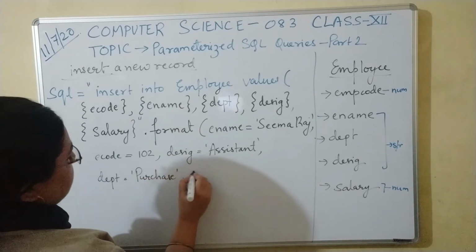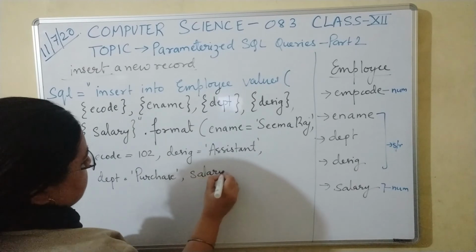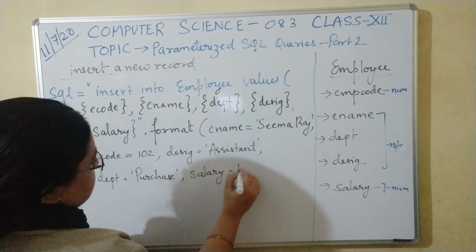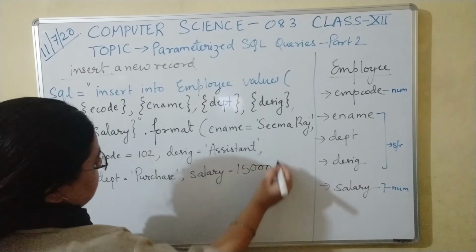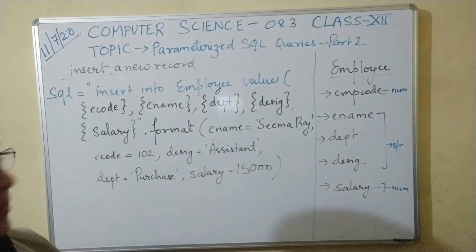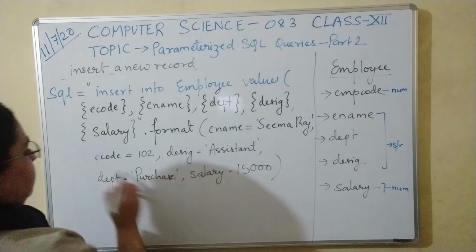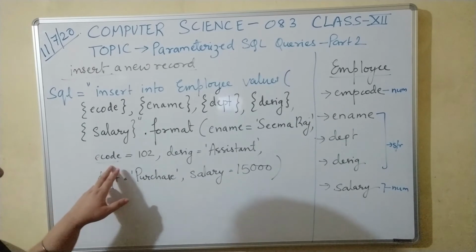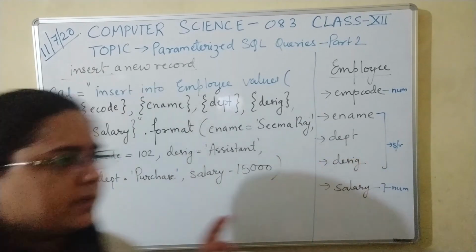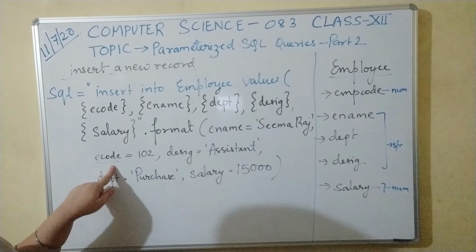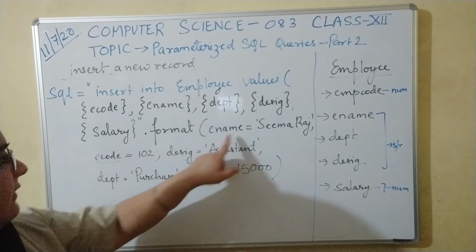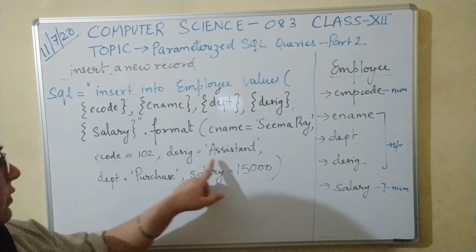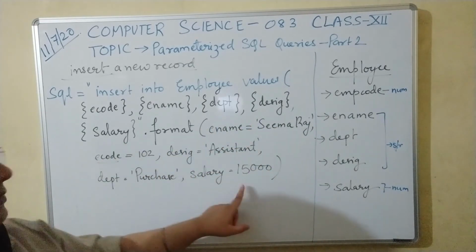And last of all, I can type salary. And close it. So you can see over here that eCode will be matching with this one, because we are using named parameters over here. So this eCode will be matching with this eCode. Ename it finds over here. Department it finds over here. Designation it finds over here, and finally salary is over here.